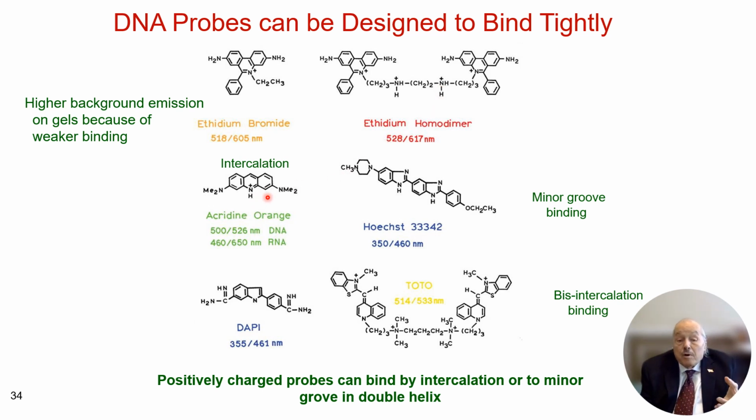There are other probes that bind to the minor groove of DNA. And the difference of these probes is, well, especially let's take ethidium bromide. If you're staining a gel with ethidium bromide and you're looking for DNA, you're just about always going to have a background of ethidium bromide fluorescence throughout the gel, because you can't wash it all out, because the ethidium bromide is going to wash out of the DNA.